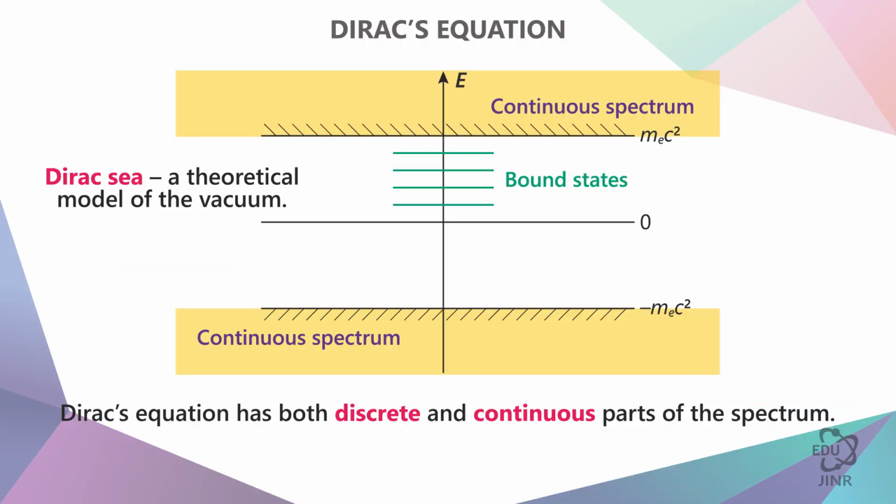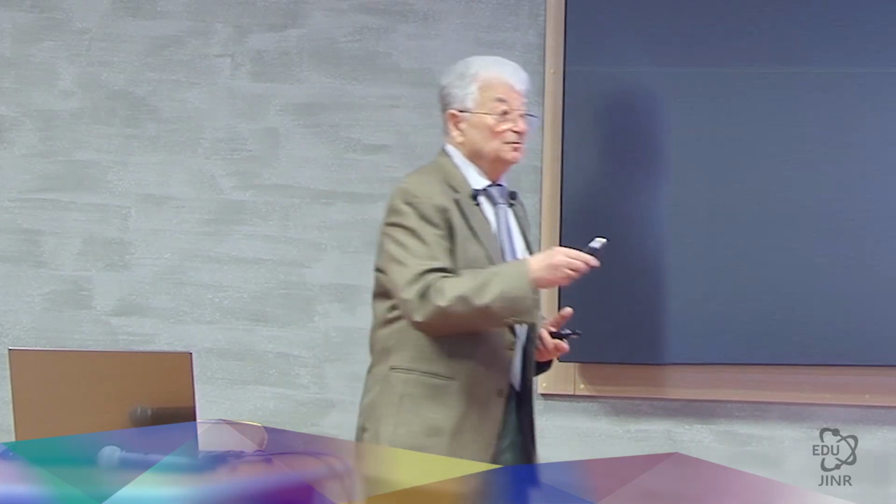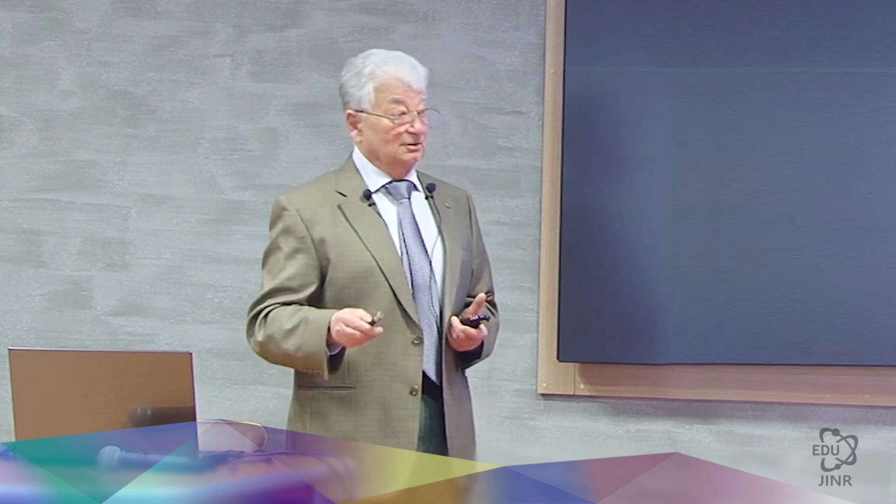also referred to as the Sea of Dirac, or a vacuum. We will return to the word vacuum several times, and I would like us to understand that a vacuum is not emptiness at all. Generally speaking, the concept of the vacuum goes as far back as ancient Greece, when philosophers also said that a vacuum is not a void, but that it is a substance in which we can distinguish one object from another, and in which we can see how one object moves to another.